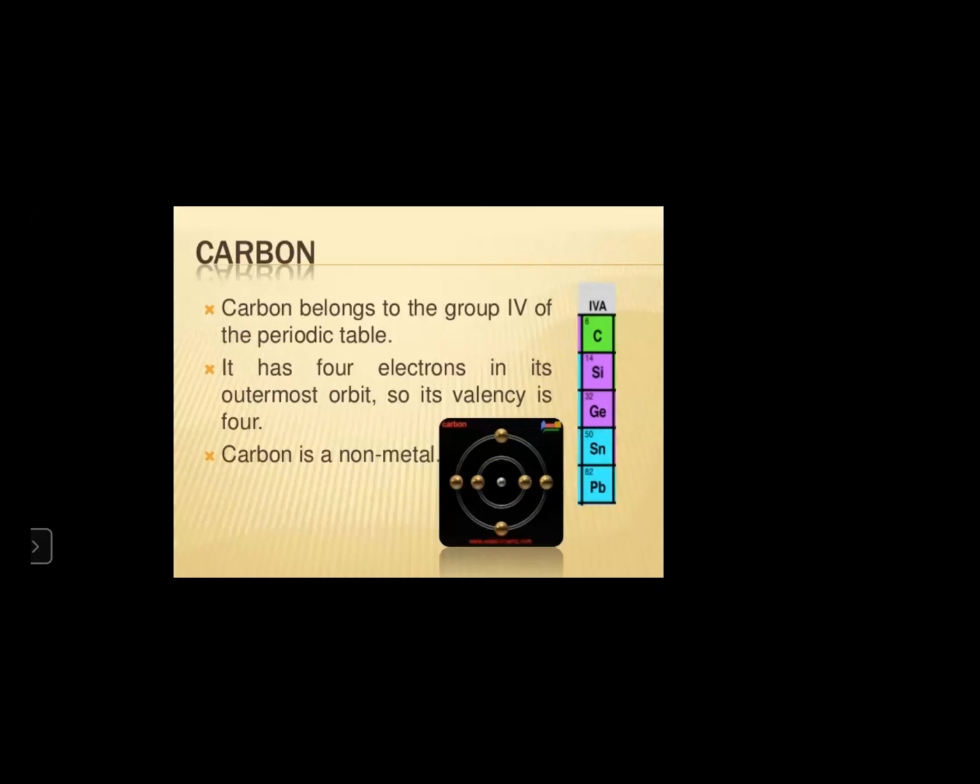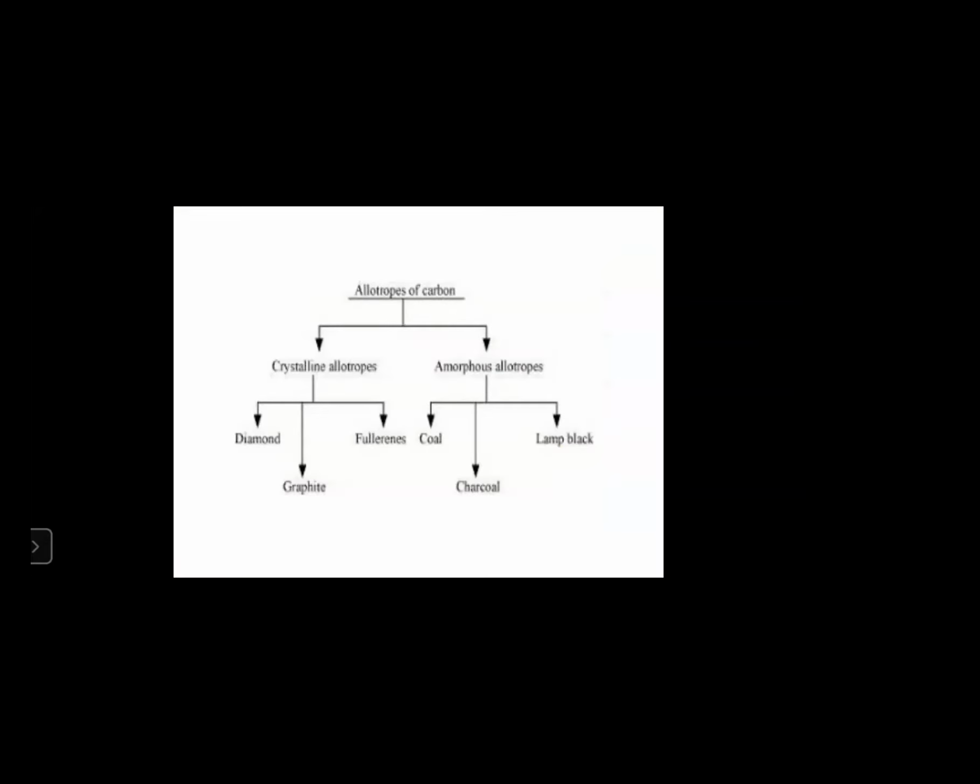Before going on to the allotropes, we need to understand what carbon is. Carbon belongs to group 4 of the periodic table. It has 4 electrons in its outermost orbit and the valency is 4. Carbon is a non-metal. Now about the allotropes of carbon.